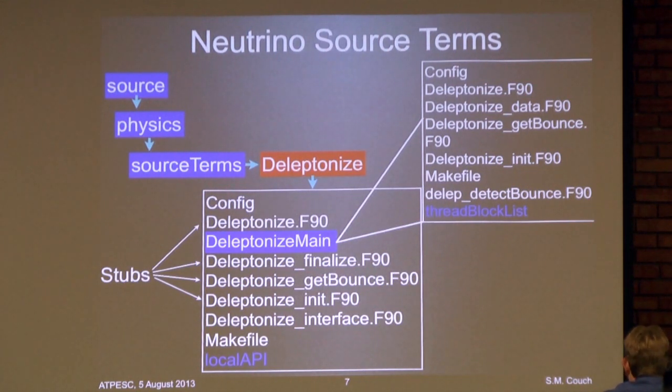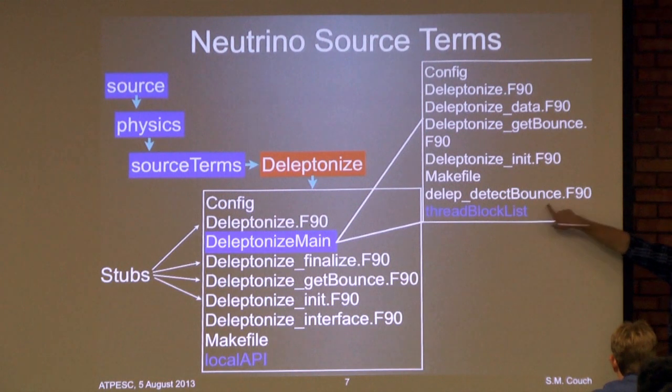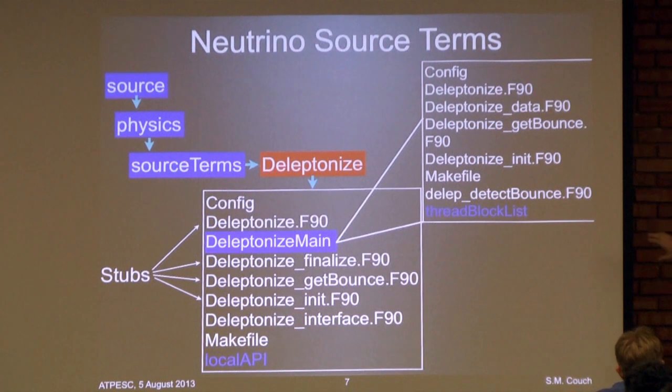And I just want to know when it happens because some of the physics changes and I want to turn certain things on and off. Now, deleptonize is going to make a call to this under lowercase delep detect bounce. This is a local function. Only the deleptonize unit can call this. It can't be called by some other unit in Flash like grid or hydro, right? It doesn't publish a public interface, only a local interface.